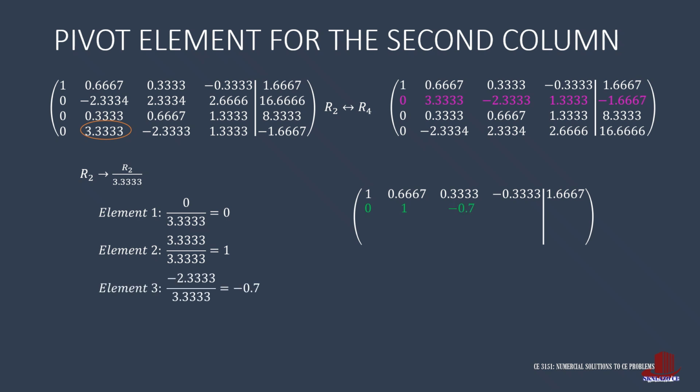The third element is -2 and 1/3 divided by 3.3333, which is -0.7, followed by 1 and 1/3 divided by 3 and 1/3, which makes 0.4. Then the last is -1 and 2/3 divided by 3 and 1/3, which is -0.5.